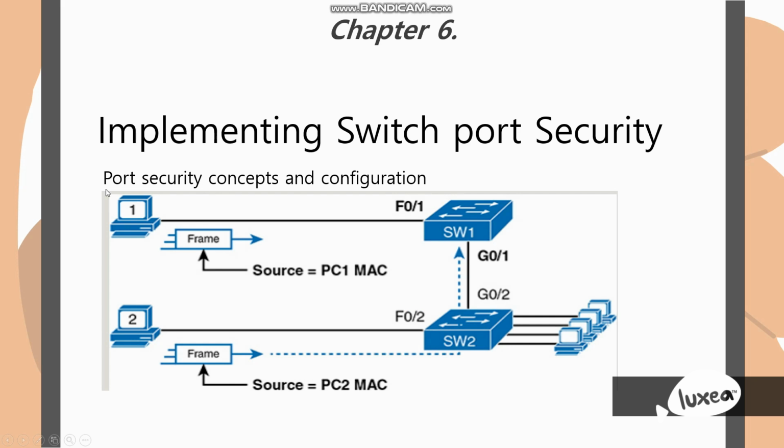Here, PC1 sends a frame in the picture to switch 1's F0/1 line, and switch 1 would examine PC1's MAC address and decide whether PC1 is allowed to send frames into this line. Port security has several flexible options, but they all follow the same concept.